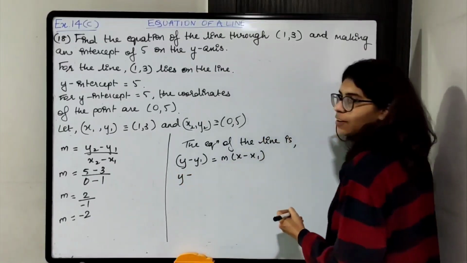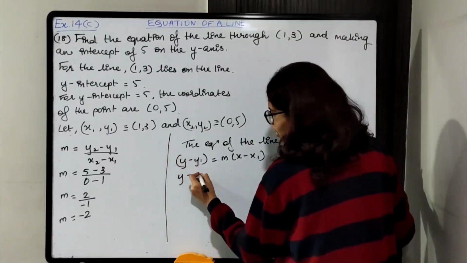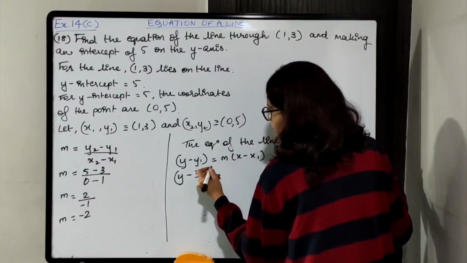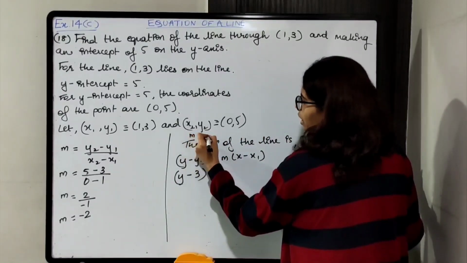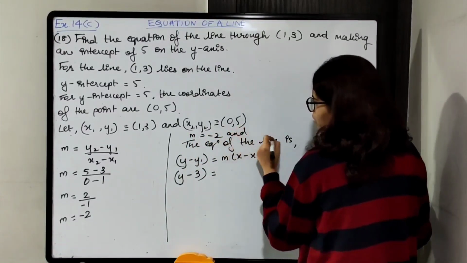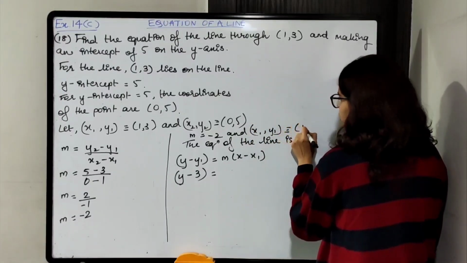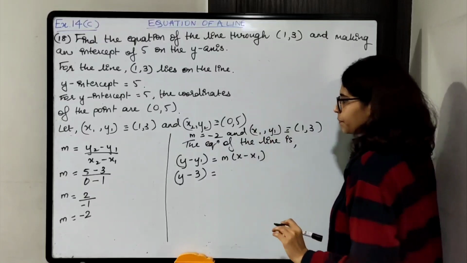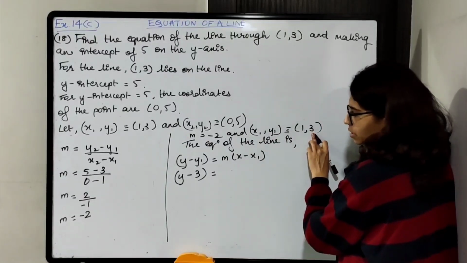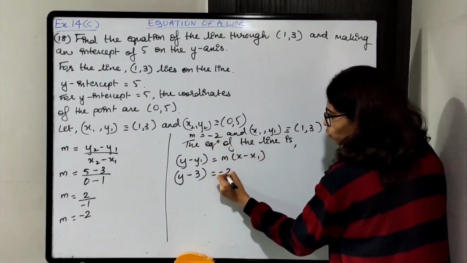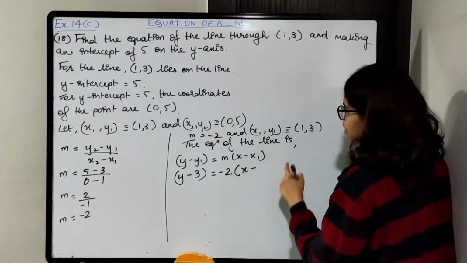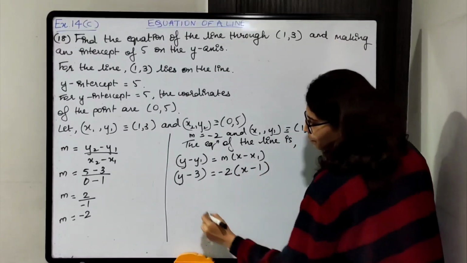It's better that you write down the information: m is minus 2 and x1, y1 is (1, 3). So now it's easy to refer. y1 is 3, m is minus 2, and x1 is 1.